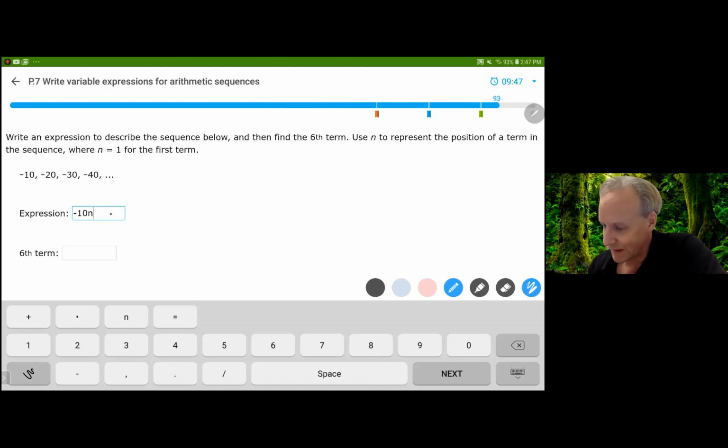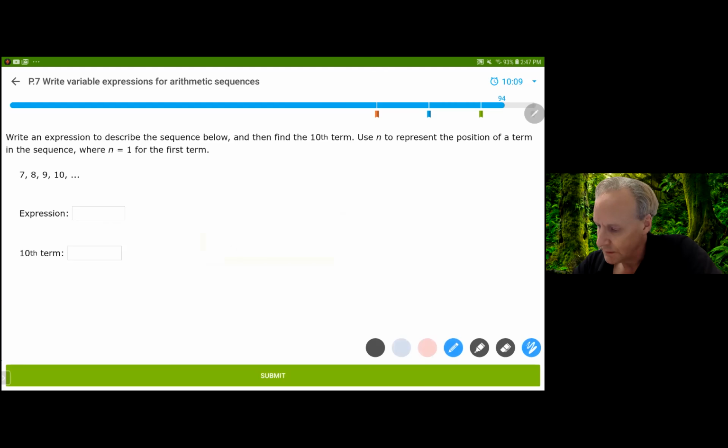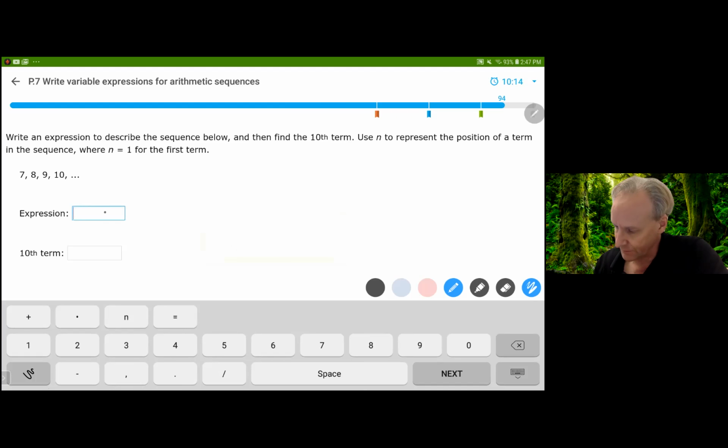Hopefully you can do it in your head and get the 6th term, which is -60. Of course we could have written it -50, -60 and found it that way. These are counting, n plus 6. 6 was our zeroth term. And the 10th term, of course, is going to be 16.